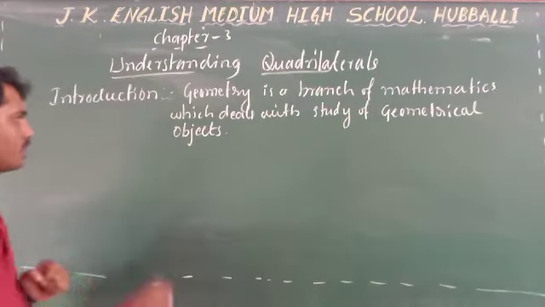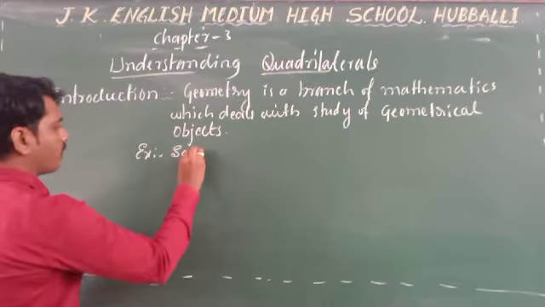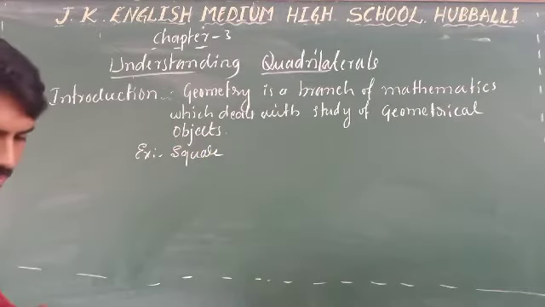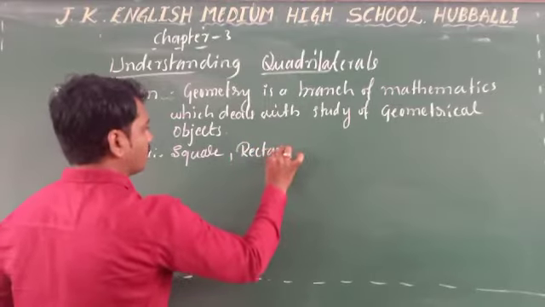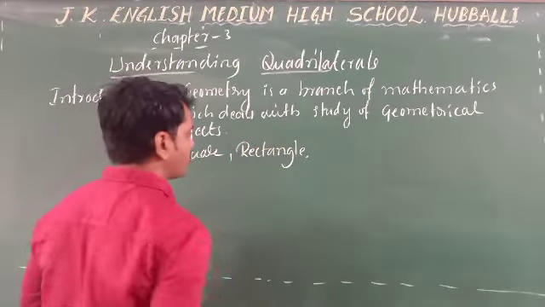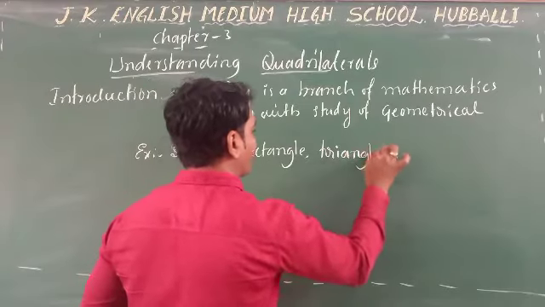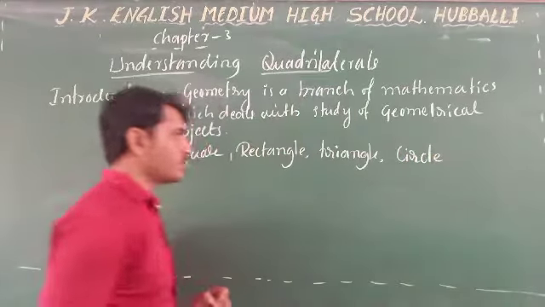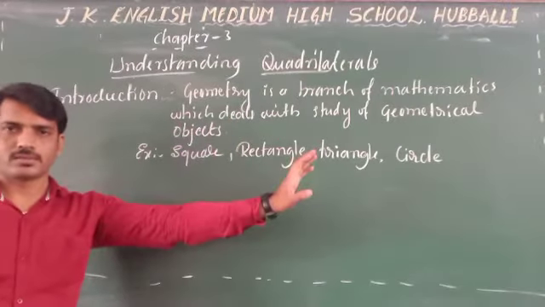So, what are the geometrical objects here? For example, first one is the square. Square is one of the geometrical objects. Next term, rectangle. Next term, triangle. Next term, circle. So these four are the basic geometrical objects.